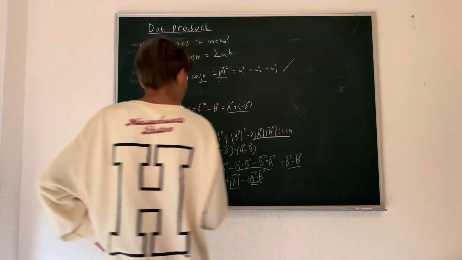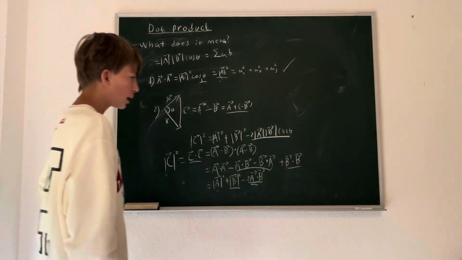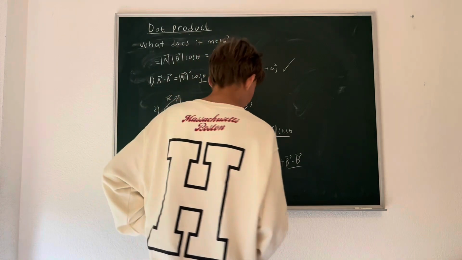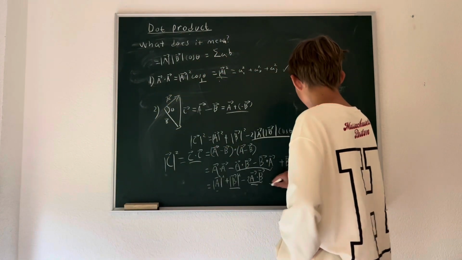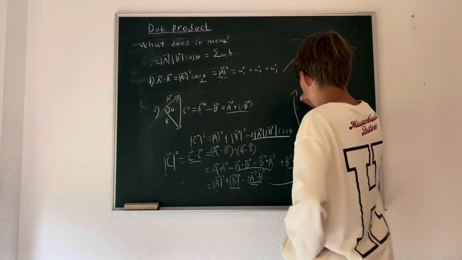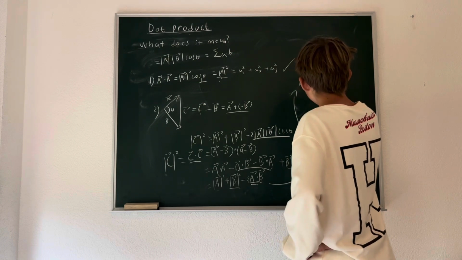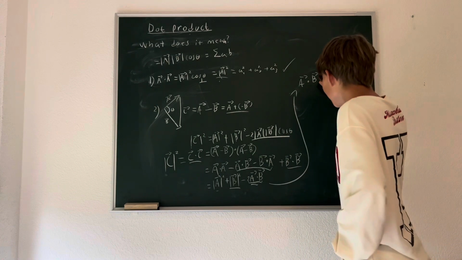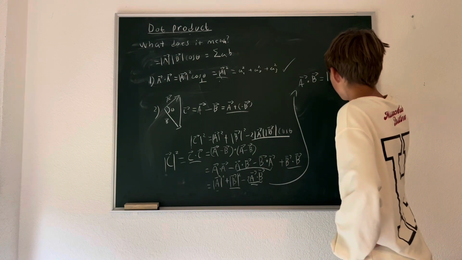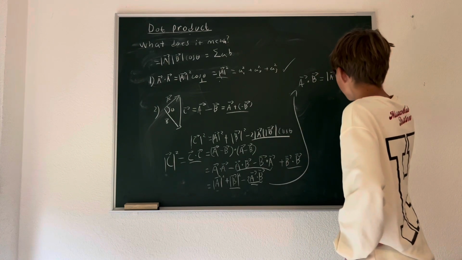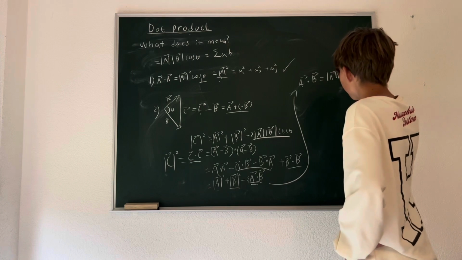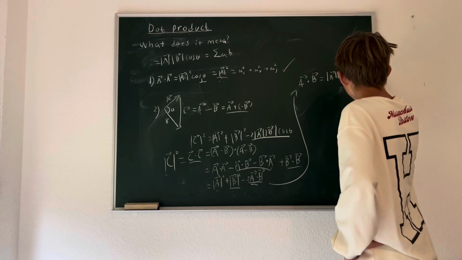And if you believe in the law of cosines, then this can just be a proof that A dot B is indeed equal to the magnitude of A times the magnitude of B times cosine theta.